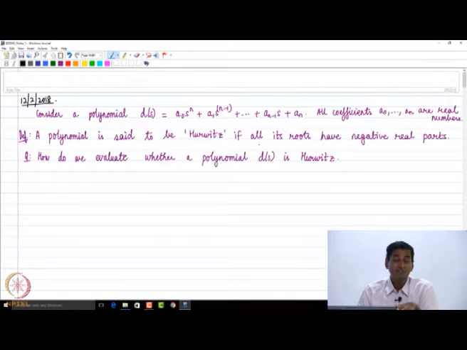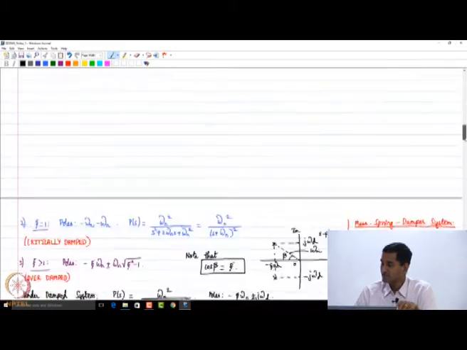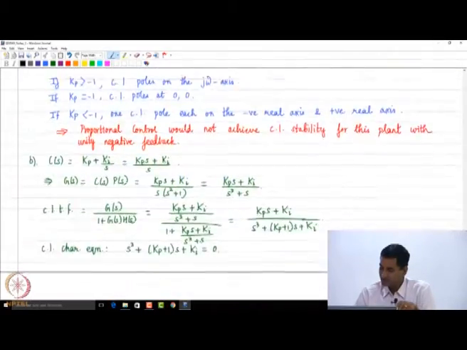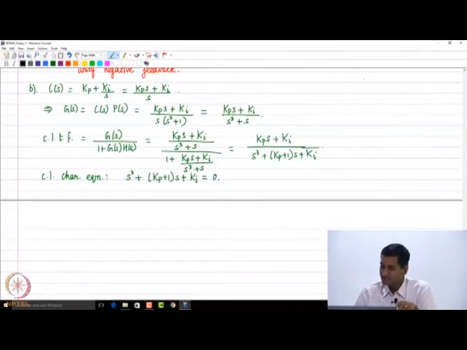So we asked ourselves the question: if we have any generic system, how do we figure out when that system would be BIBO stable? And why did we ask ourselves this question? We were doing some problems where we encountered this scenario.